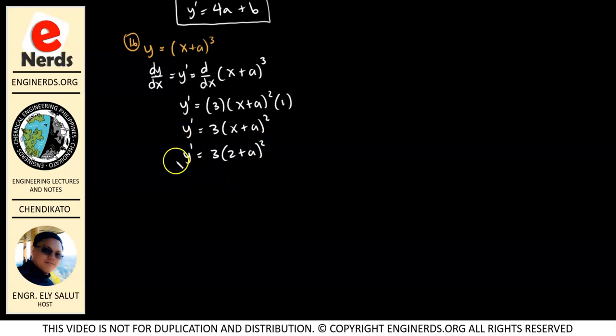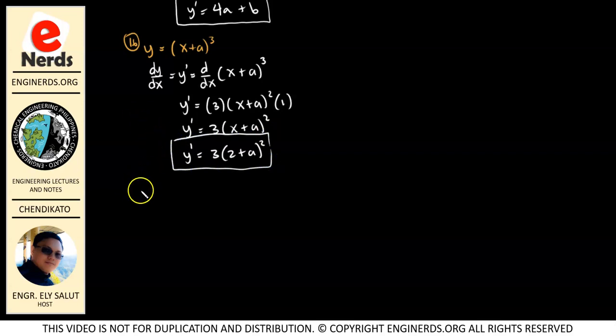Okay, so y prime is equal to 3 times x plus a squared. Derivative of x plus a is equal to 1. So y prime is equal to 3 times x plus a squared. So our x is equal to 2, so we have y prime is equal to 3 times 2 plus a squared. And this is our final answer for this problem.